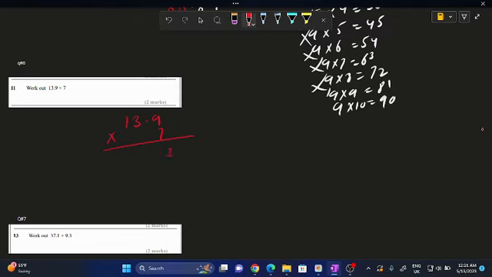So 3 can be written. 6 can be taken as carry. 7 times 3 is 21. 21 plus 6 would be 27. So 7 can be written. 2 can be taken as carry. 7 times 1 is 7 plus 2 would be 9. So your answer would be 97.3, because the decimal point will retain its position, just after this 9. That's the complete answer.